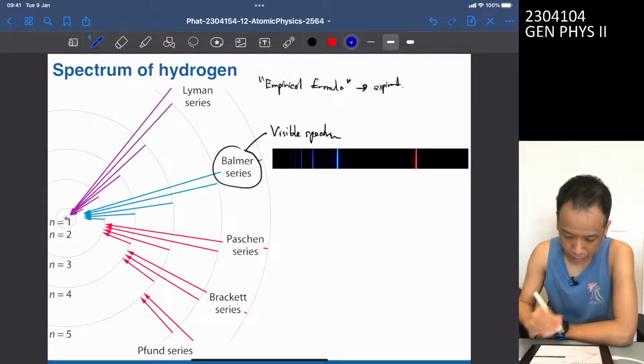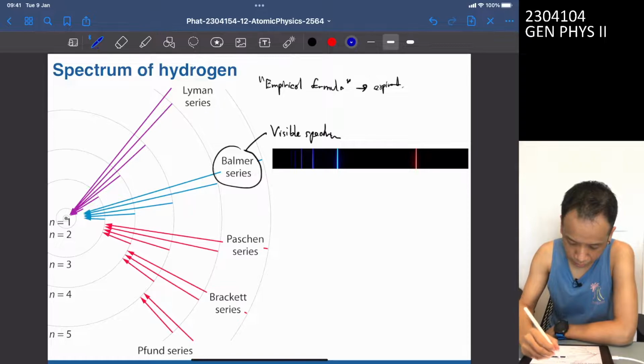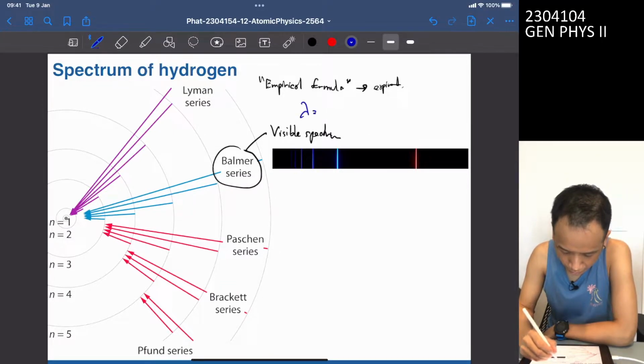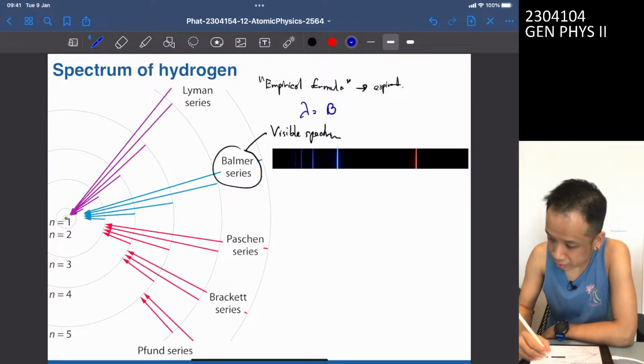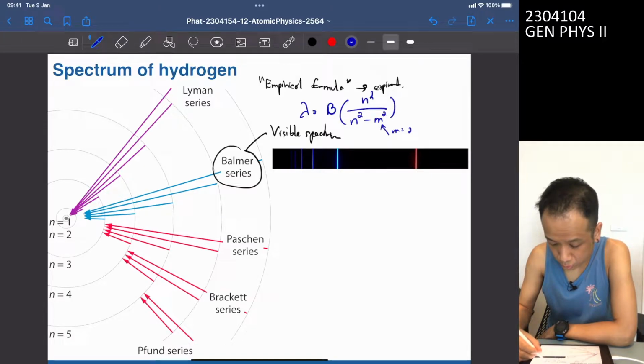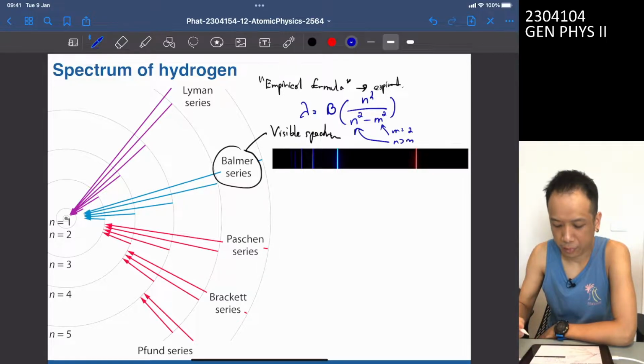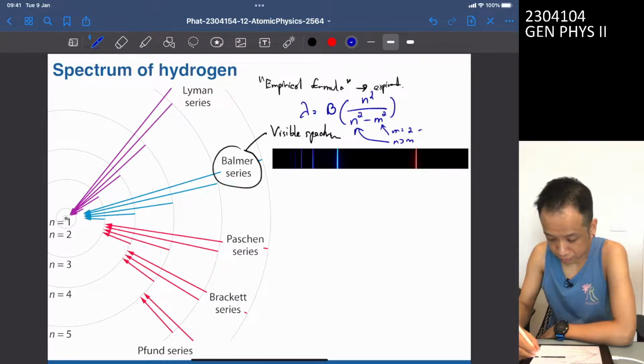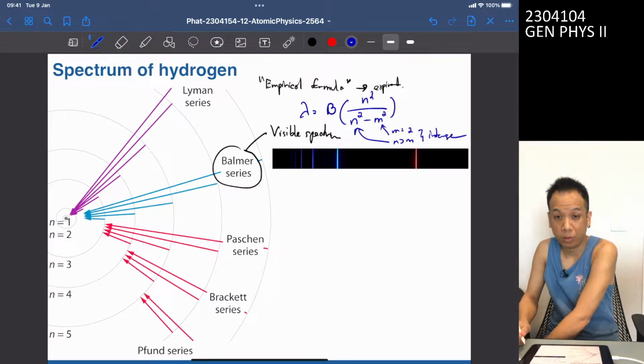In the Balmer formula, lambda equals b n squared divided by n squared minus m squared, where m is equal to 2, n is larger than m, and both are integers. This is what Balmer proposed.